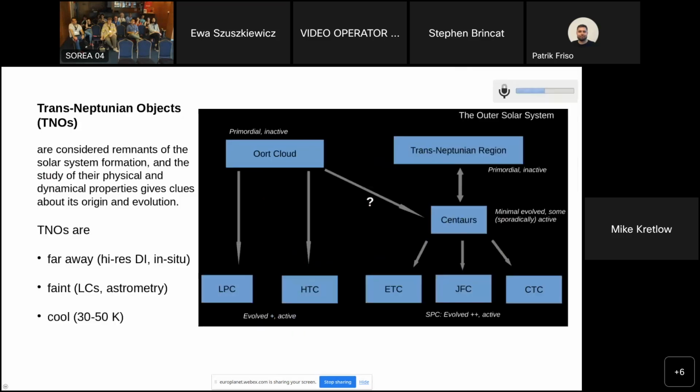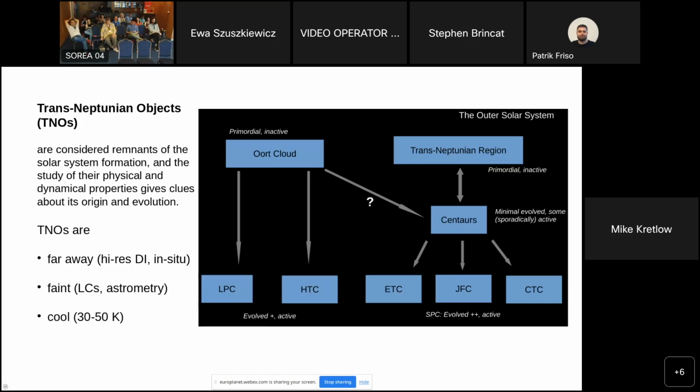So in general, these kinds of objects are very interesting to us because we think they are very pristine objects, the trans-Neptunian objects and the Centaurs. But as already mentioned by Csaba, they are hard to observe. They are far away, so even high resolution direct imaging is very, very difficult, for example to resolve satellites.